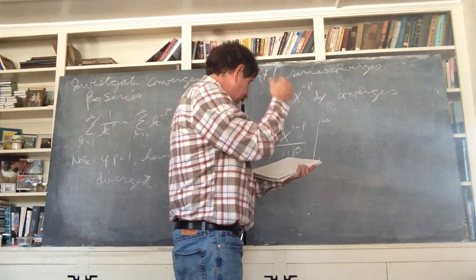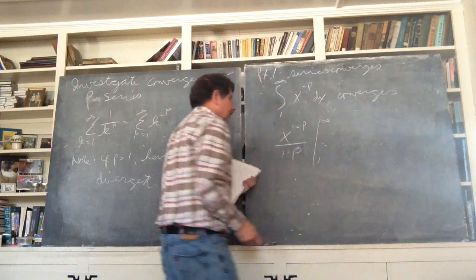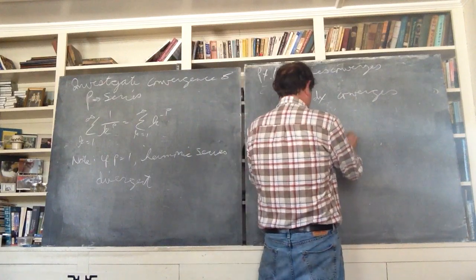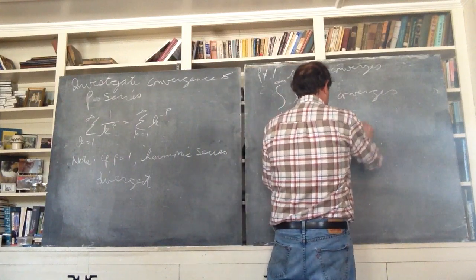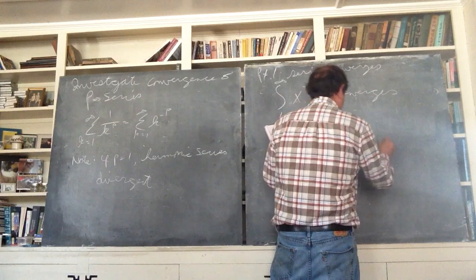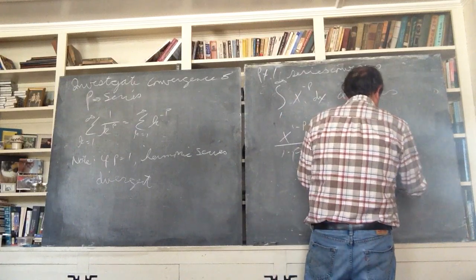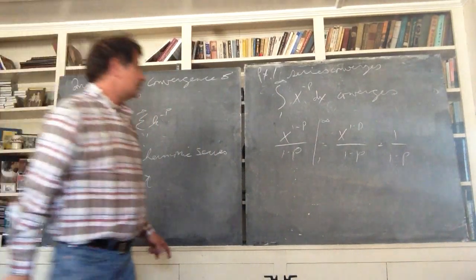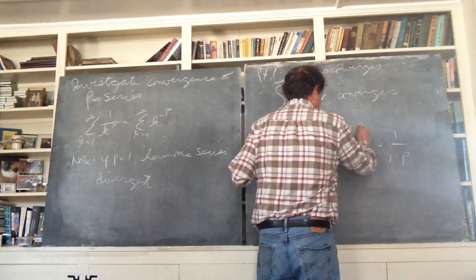Minus 1, x to 1, which is x to 1 minus p over 1 minus p minus 1 over 1 minus p. And I'm suggesting this part right here.